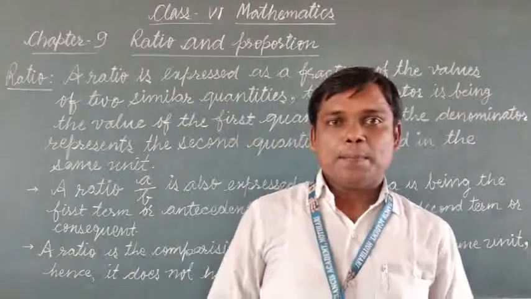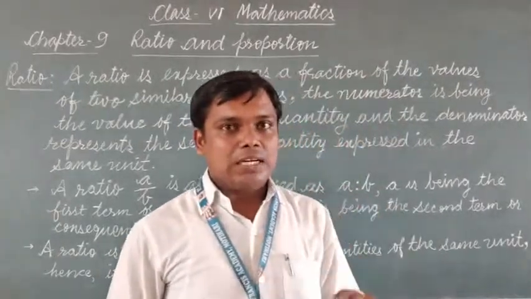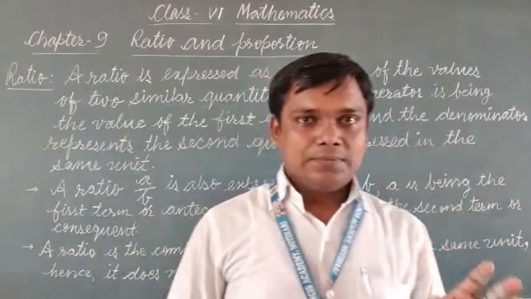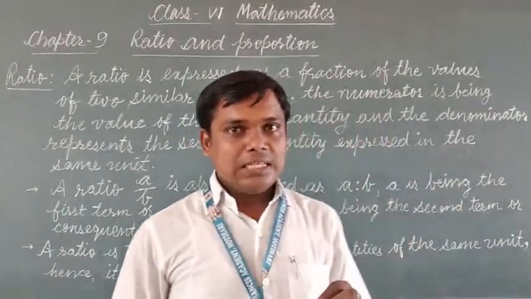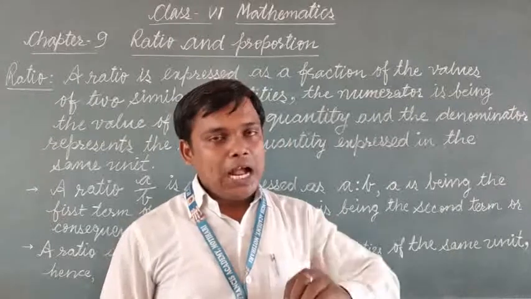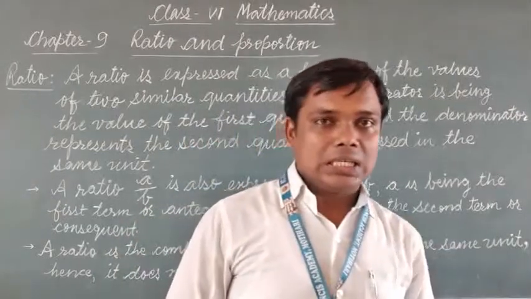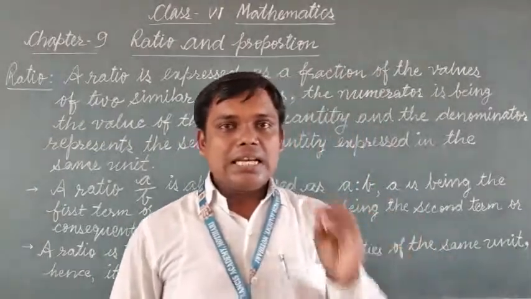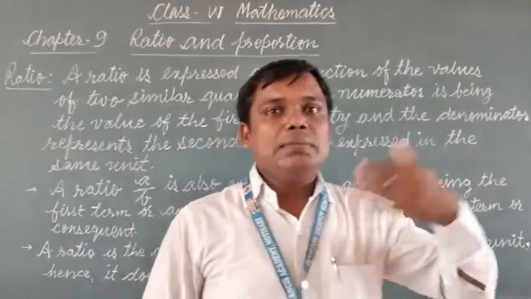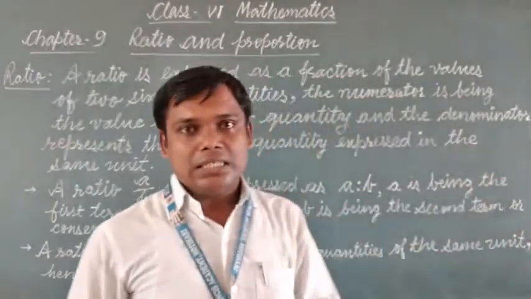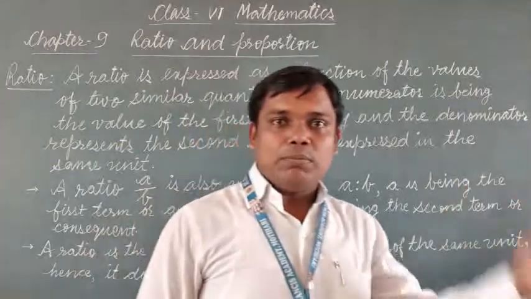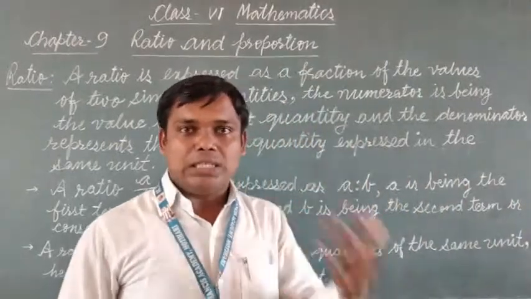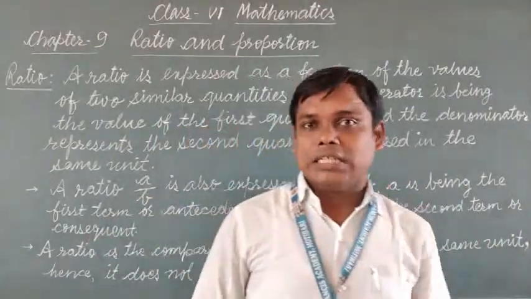For example, if we have to calculate the ratio of lengths, then we have to write both the lengths in the same unit. Suppose one is in meter and the other is in centimeter, then we have to convert either from meter to centimeter or centimeter to meter. Then we find the ratio.